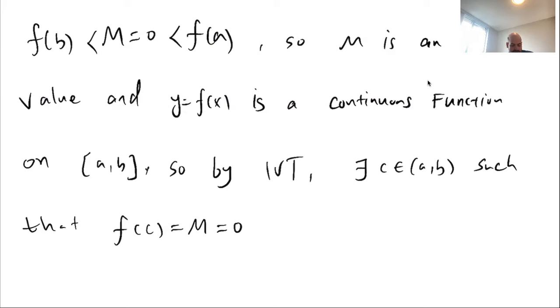So m is an intermediate value, and by IVT, m equals 0 equals f of c for some c between a and b, i.e. again x equals c is a root for y equals f of x.